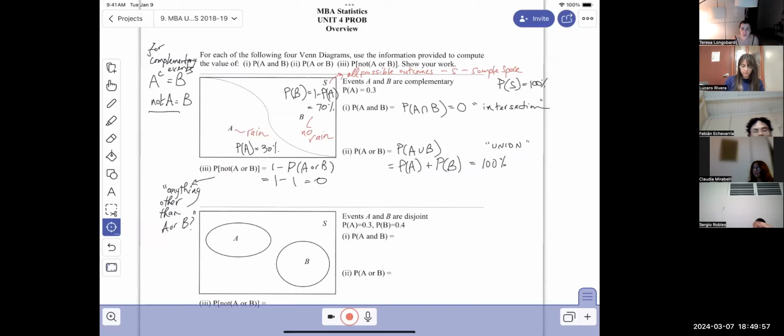Well, how are disjoint events different from complementary events? They are not related.